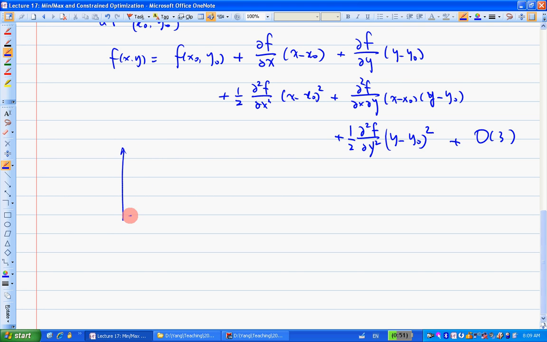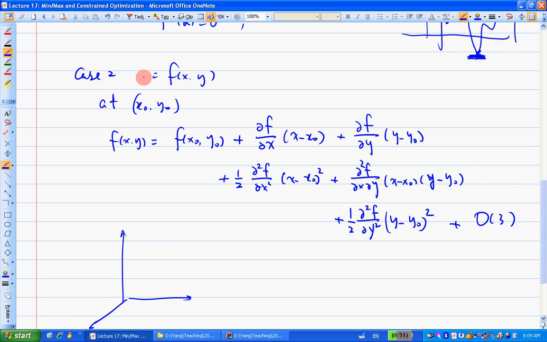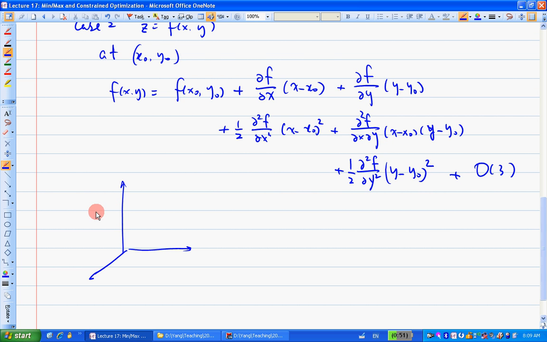I should call this z, z equal to f of x, y. So if you plot it, it's a surface, in general maybe a surface like this, or maybe something more complicated.